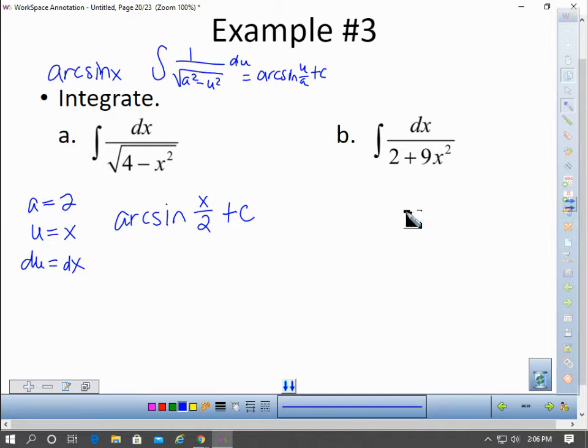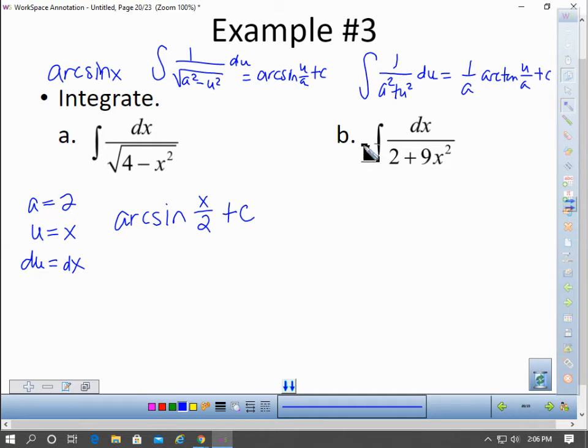Okay, now let's do this one. It's arctan. All right, so we know this is arctan because it doesn't have a radical in it. So let's look at what arctan is. The arctan is, I like to keep the du on the outside, so it's 1 over a squared plus u squared du, and then that equals the 1 over a arctan of u over a plus the c.